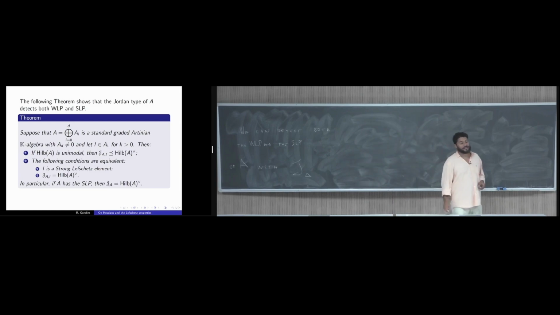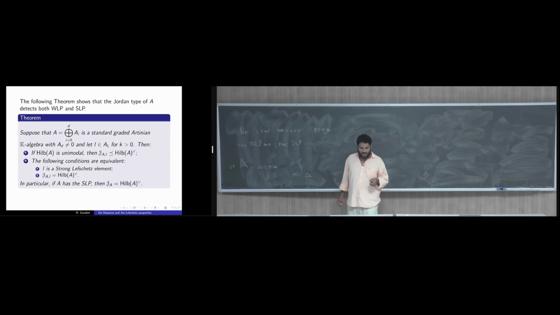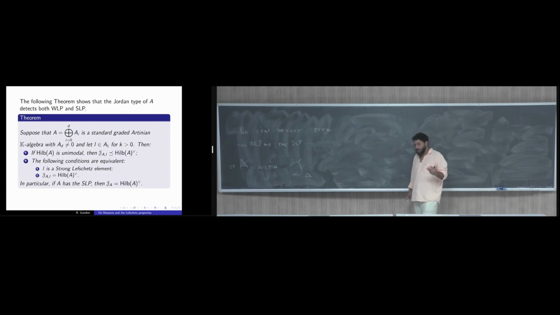Again, I will not prove the theorem, but as soon as I introduce an algorithm to compute the Jordan type in a Ferrer diagram of the Hilbert vector, it will be more or less trivial to see why it's true. It can be seen as an interpretation of the algorithm.